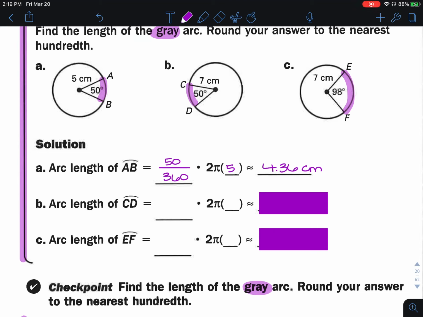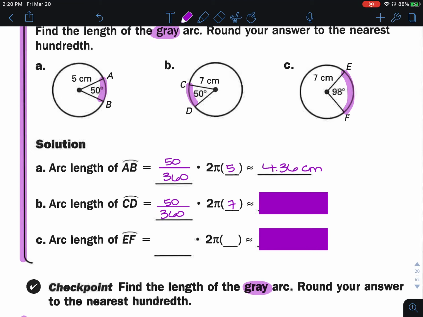Let's find the length of arc CD for B. Again, it's something over 360. That something is that angle measure, or that central angle of that arc. In this case, that central angle is 50. And then it's 2 pi my radius. My radius is 7 in B. Again, plug this into your calculator.